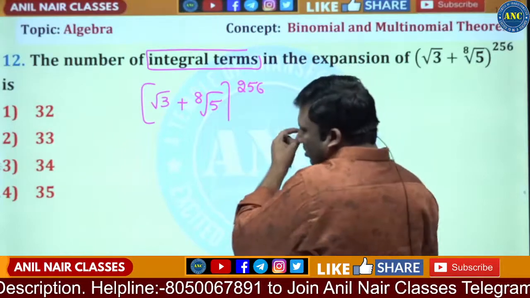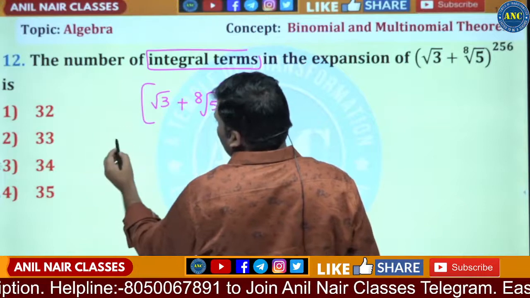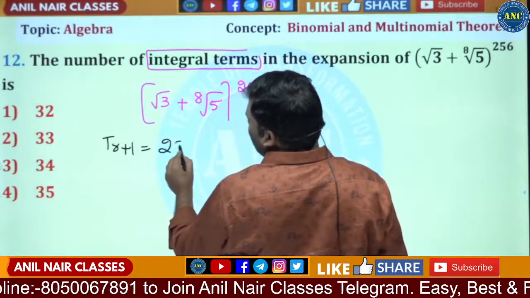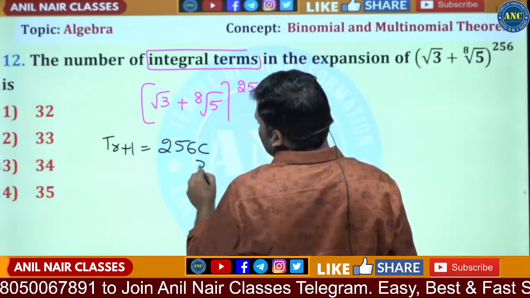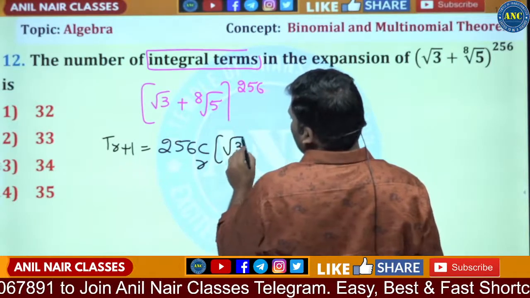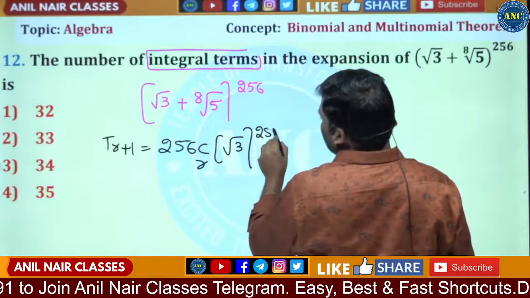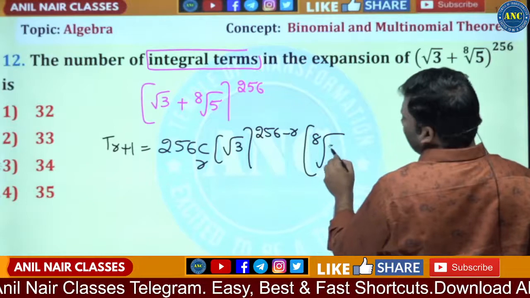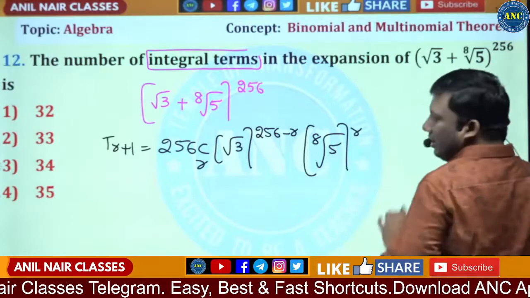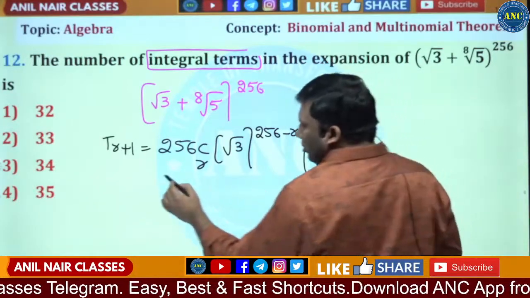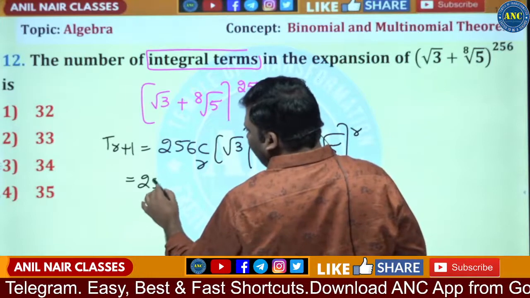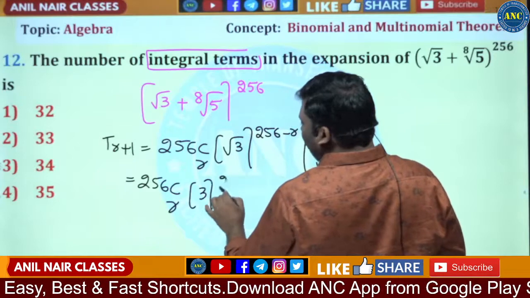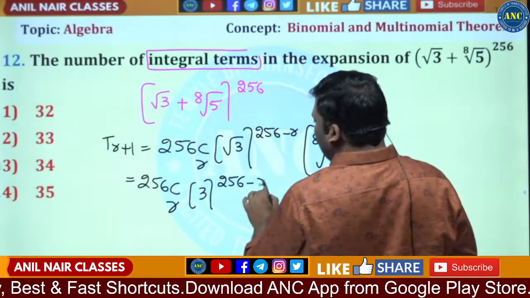So this will become T(R+1) equivalent to 256CR (√3)^(256−R) (8th root 5)^R. Till here clear? Generic term. So this is given by 256CR 3^((256−R)/2).